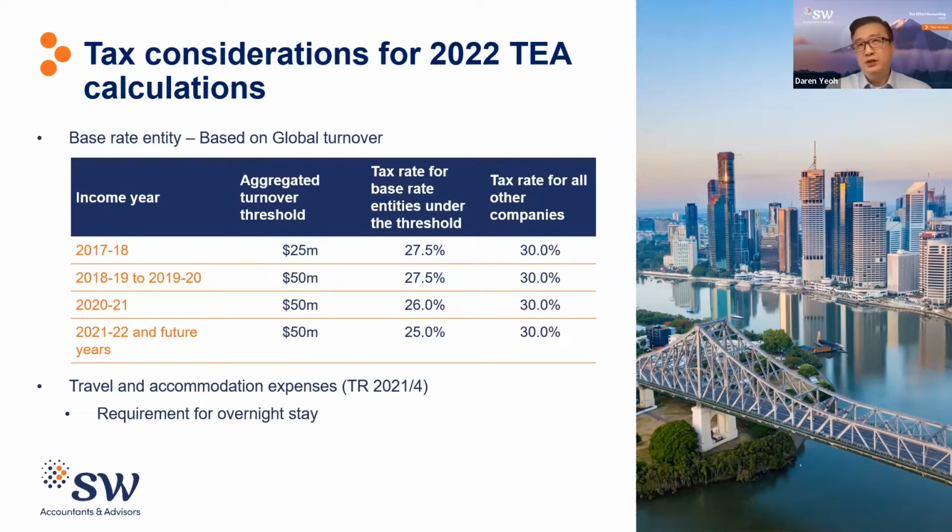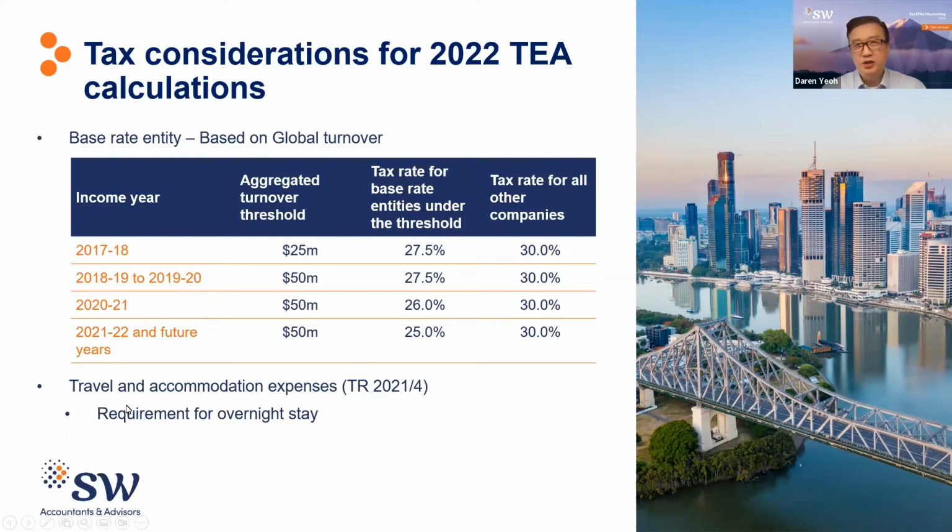One of the requirements to be a base rate entity is that your aggregated turnover, which is your turnover plus the turnover of all your connected entities globally. So your accounting consolidated accounts would be the relevant reference point. If you are a significant global entity, then you'll pay tax at the 30% corporate tax rate.